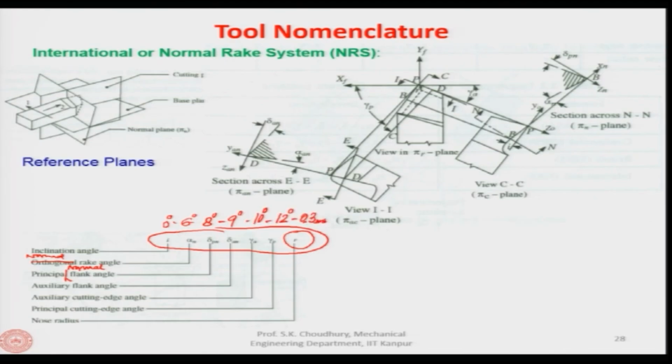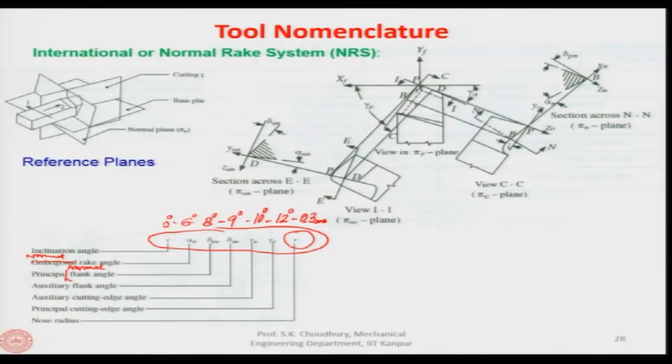Millimeter may not be written here, but you have to assume that this is the NRS system, so the tool nose radius will be in millimeter. If it is an ASA system, it will not be written in inch, but you have to assume that at the end the tool nose radius will be given in inch. So, you have to always convert it into micron or millimeter.